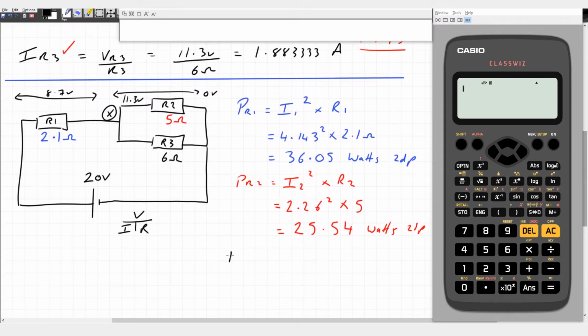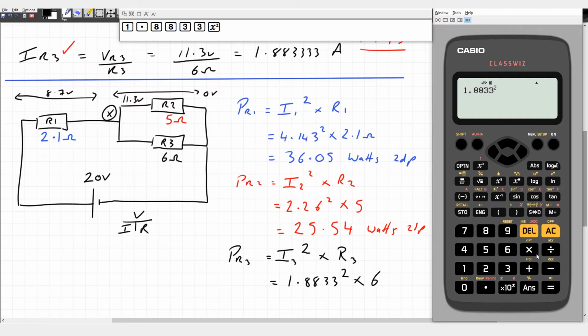And then finally the power, which is used up as heat in a resistor in resistor 3. That's 1.8833 squared times 6. 21.28 watts. So we've done everything that the question has asked, and hopefully this has been useful.